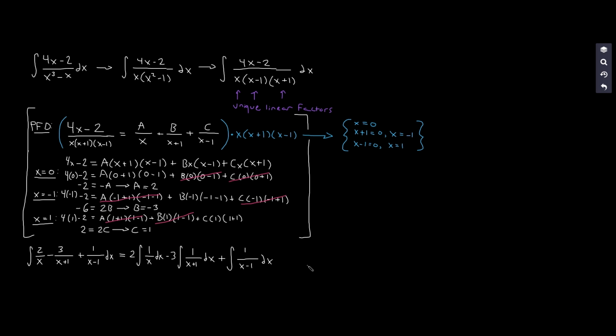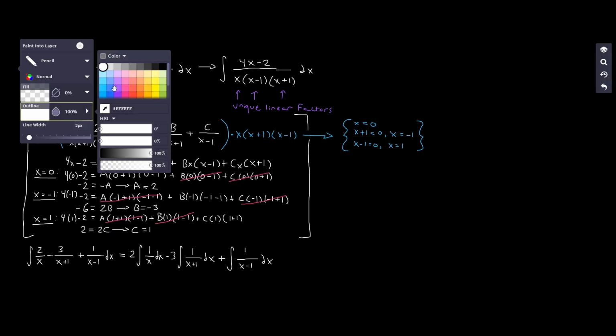Now, there's a formula that we have to keep in mind for these, but I think we've already written it down in this video before. But you know what? I'll write it down.